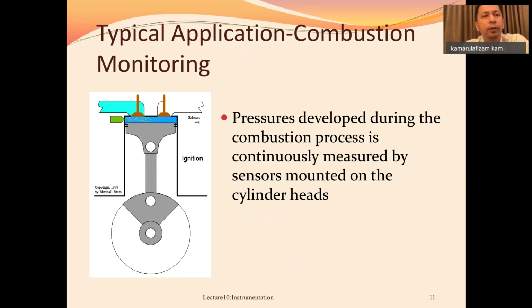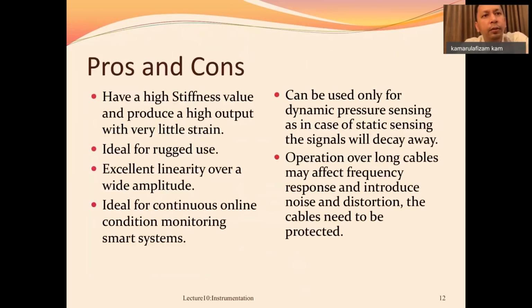So in this application there should be no problem, because when we're talking about an internal combustion engine, we're talking about explosion in a very small confined space. So the sensor can take care of this information from the combustion engine. All right, so these are the pros and cons.